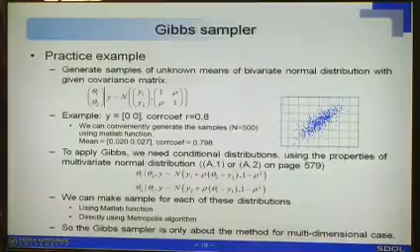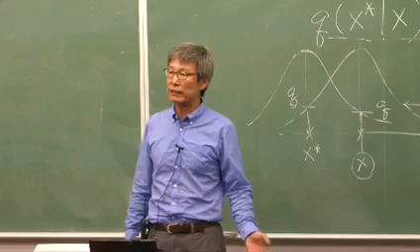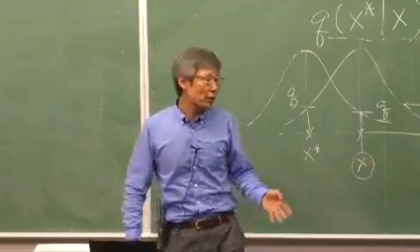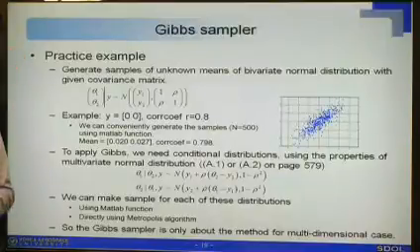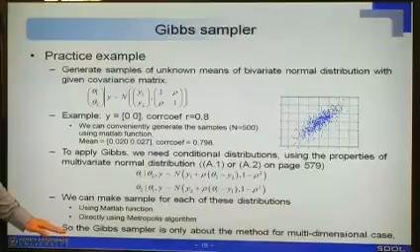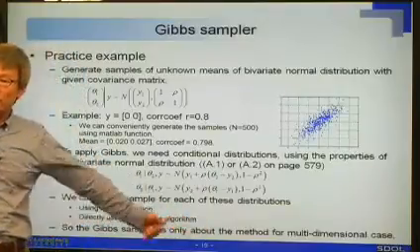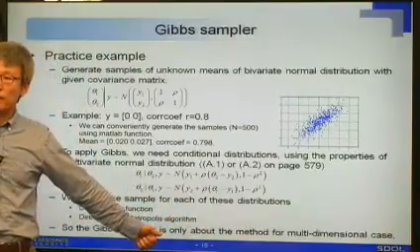So the point is Gibbs sampling is not the kind of a Metropolis or Metropolis Hastings. It doesn't have anything to do with the Metropolis or MCMC. Gibbs sampling is only about the method for multidimensional problem.